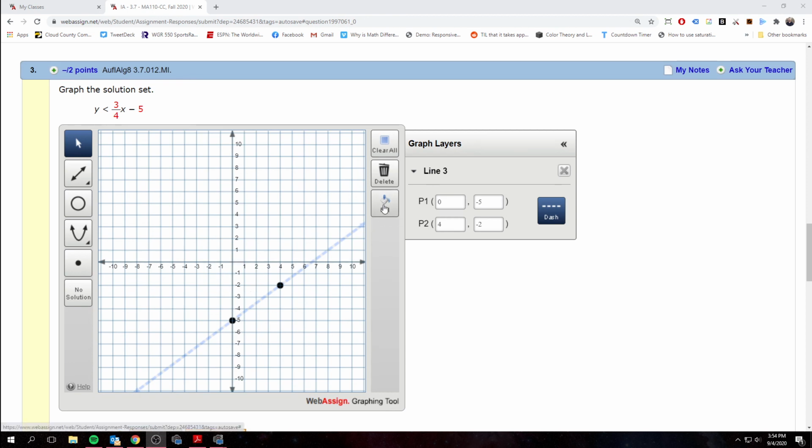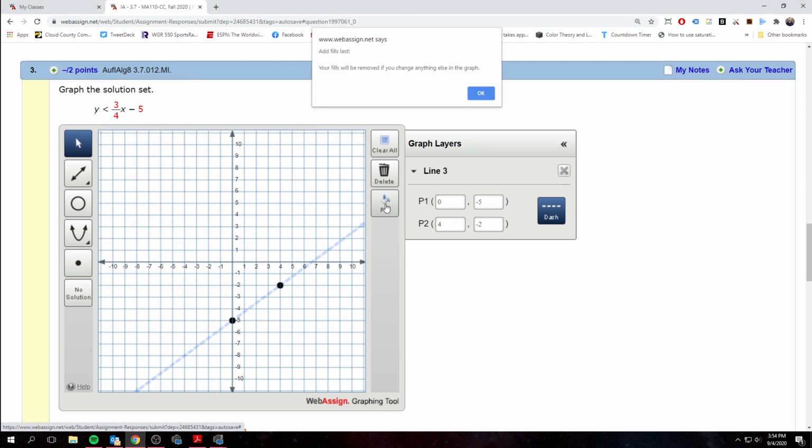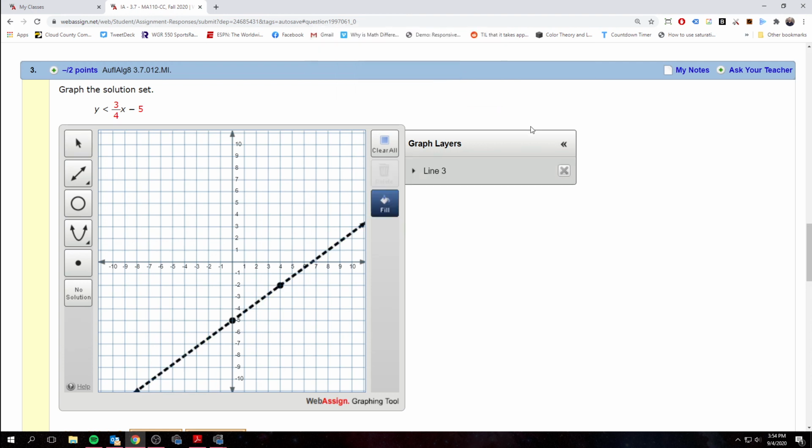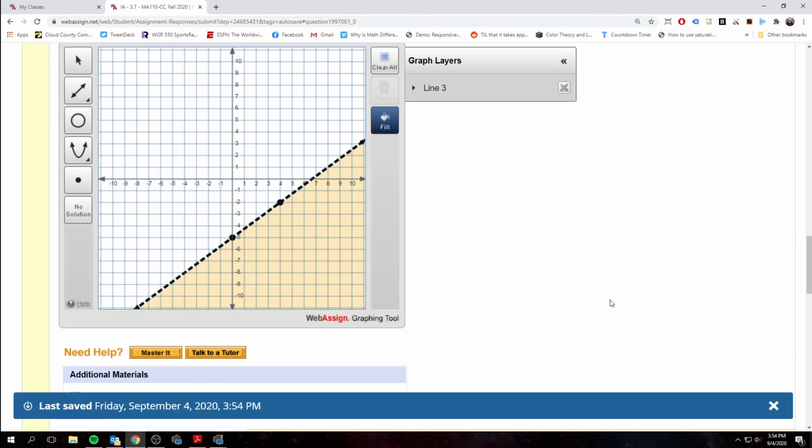So you take this fill, and this will say, hey, make sure you add it last. Everything is going to get changed in the graph. Once I have my line in, and once I have it dashed, I'm going to fill in the area that does not include 0, 0. If it was true, I would do this side. Since it's false, I'm going to do this side. So that right there is my solution set.